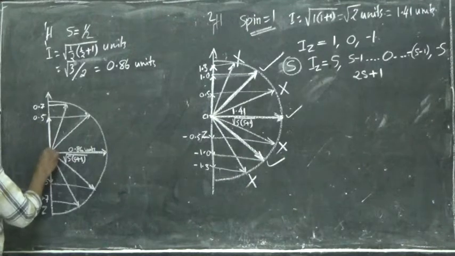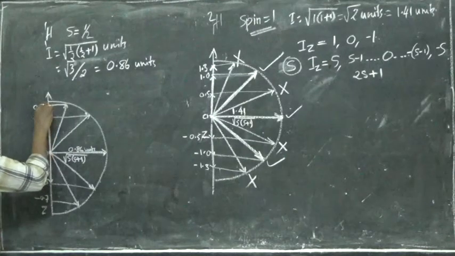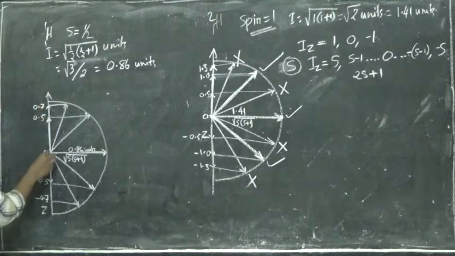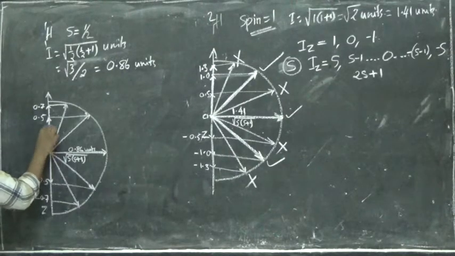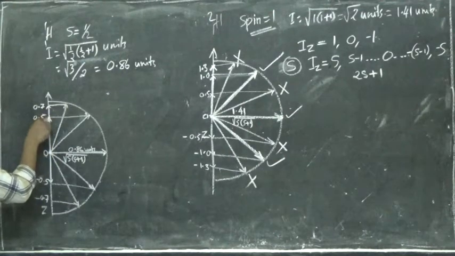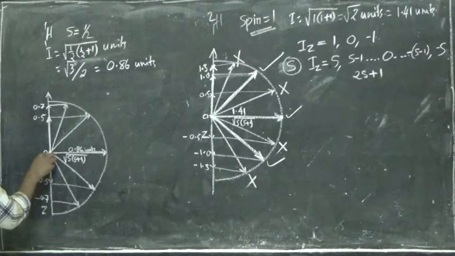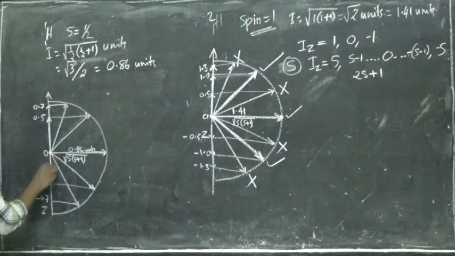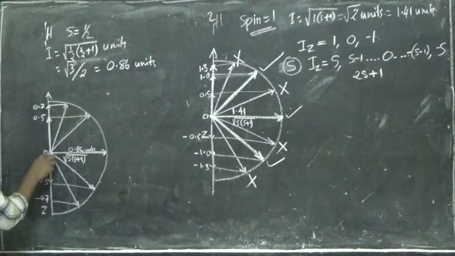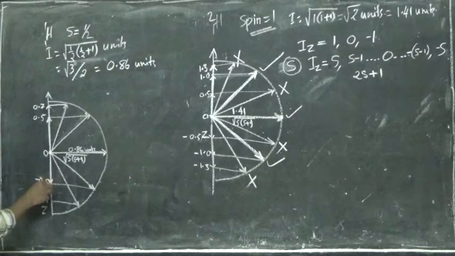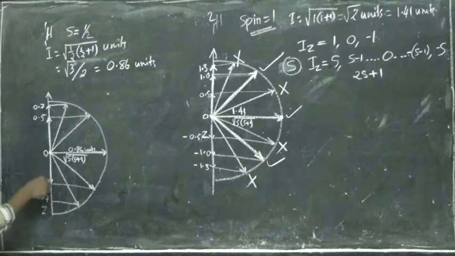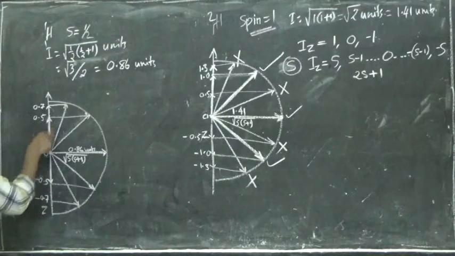The first component has magnitude 0.7. The second component is from 0 to here, with magnitude 0.5. The third component is 0 itself, and the next one is from 0 to minus 0.5, which has the same magnitude as the second component.